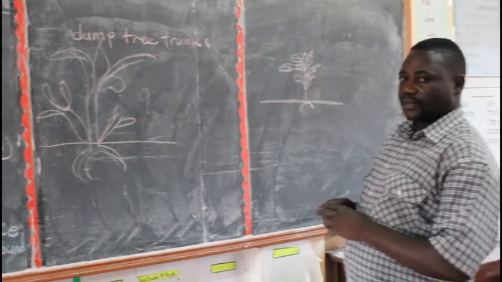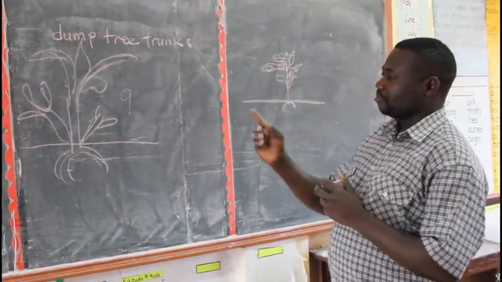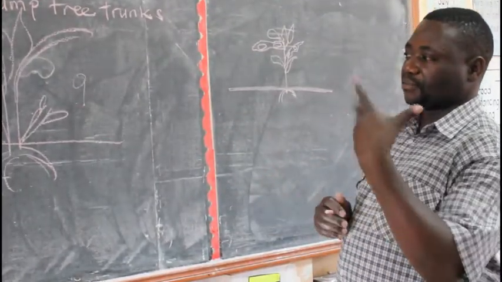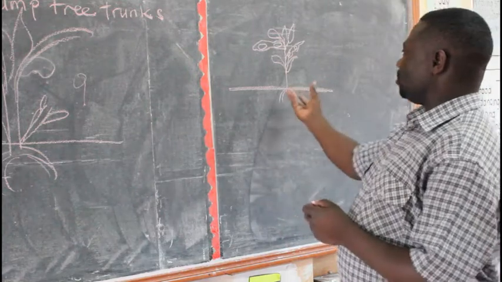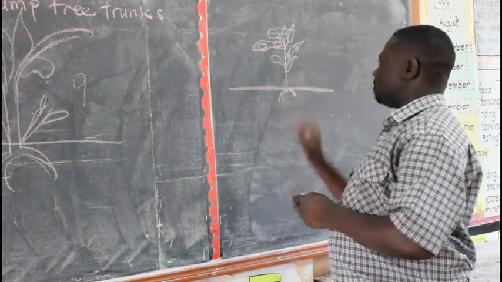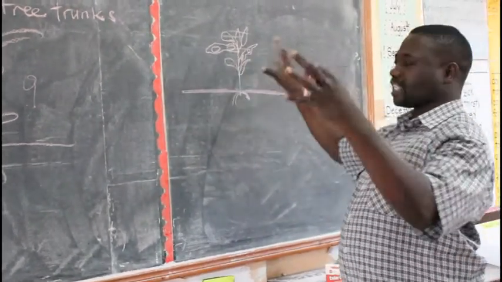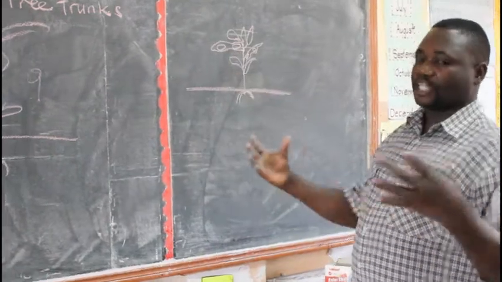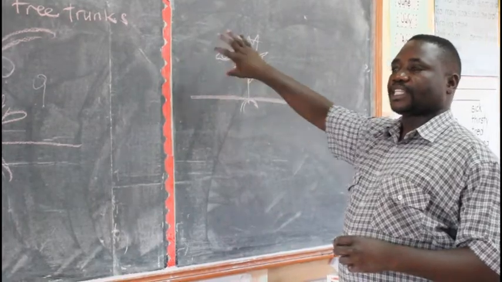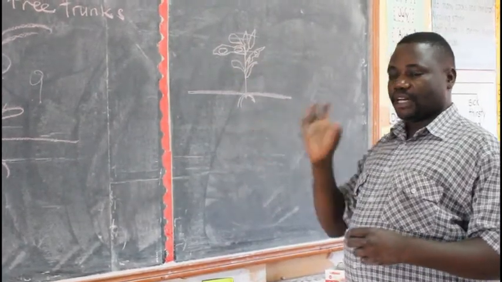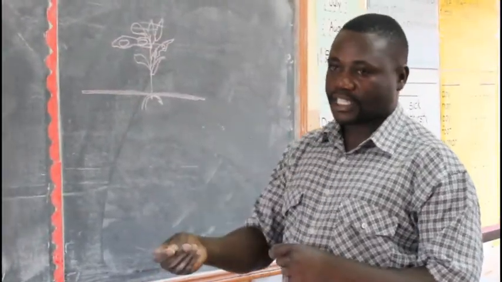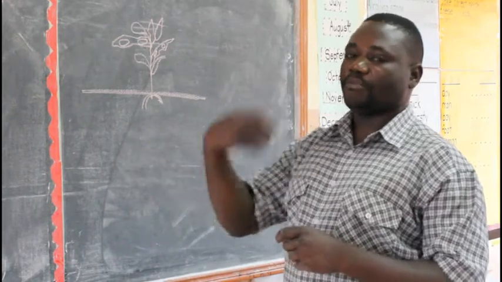Good children, we wanted to know points about movement of plants, that plants move. Now, in the example of this bean plant, sometimes you may get seeds scattered to various places. That means seed dispersal, the scattering of seeds from the mother plant to occupy other places. So that is movement. That is how some plants move.